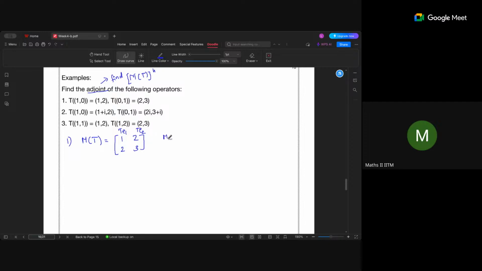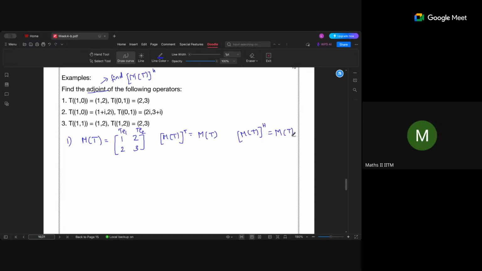Now what is M of T whole transpose? It is M of T itself in this case, right? Yes, ma'am. So also you notice that if you take the complex conjugate of M of T, here there are no complex terms, so nothing is going to change.